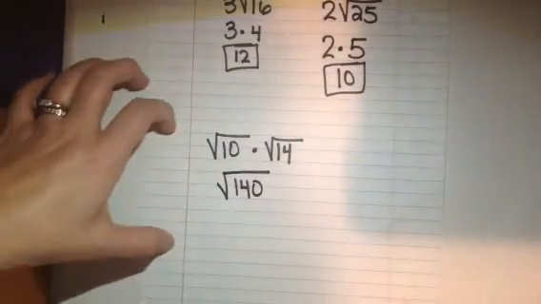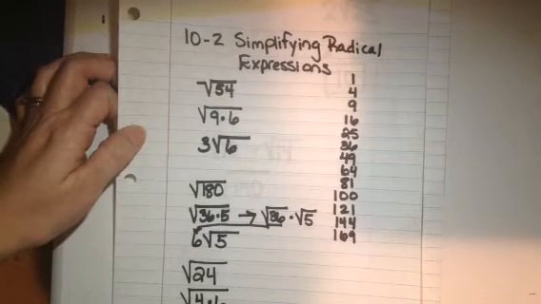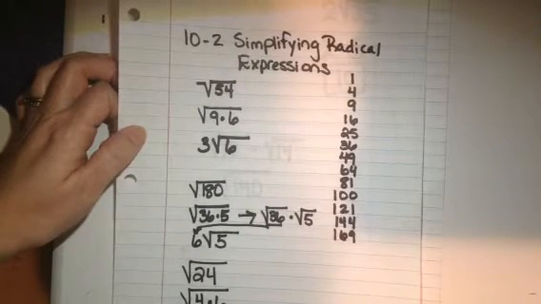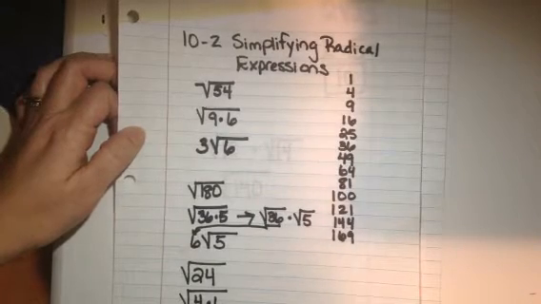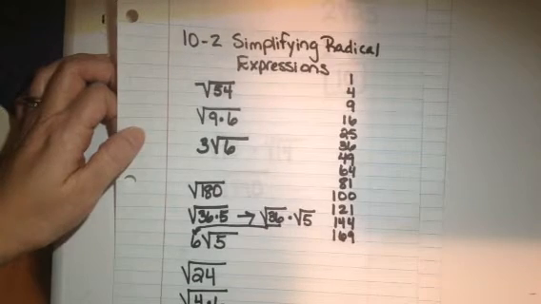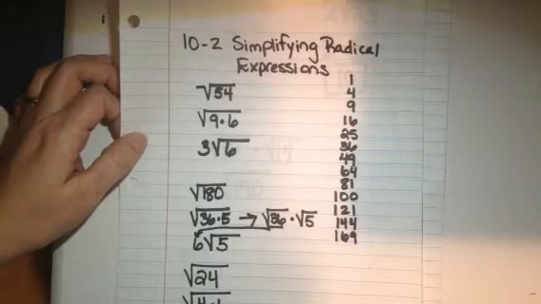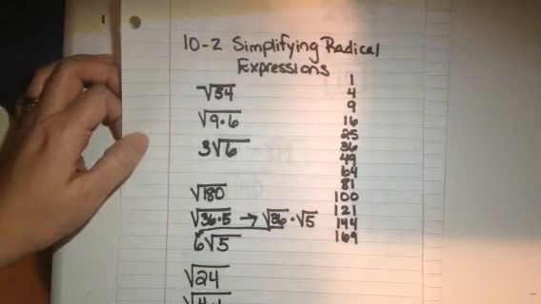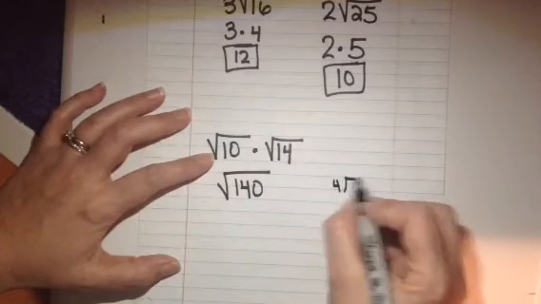Then I go back to my perfect squares list, and I'm looking for a perfect square that will divide into 140. So will 4 go into 140? Okay, let's check and see. 4 into 140.